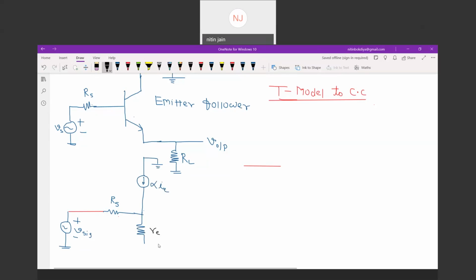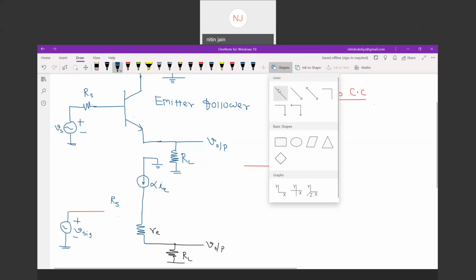Then you can say this is RL, and you are taking output across it. This is my small signal model for the common collector circuit. So you can say a small signal model for common collector.